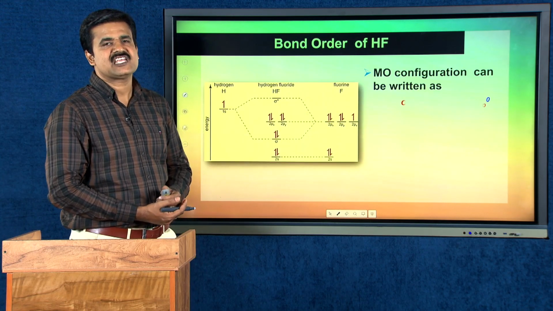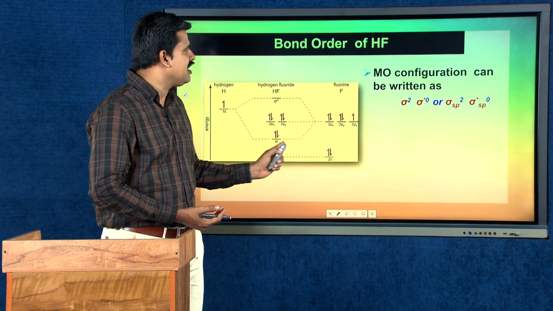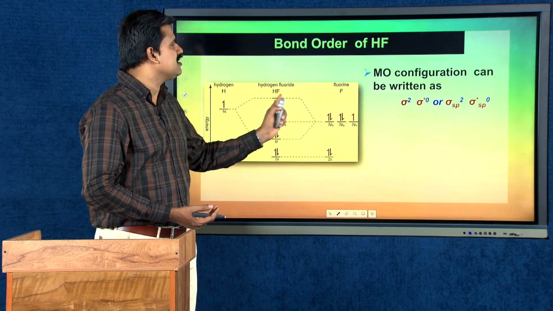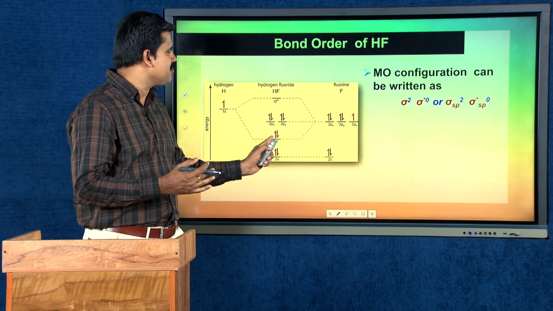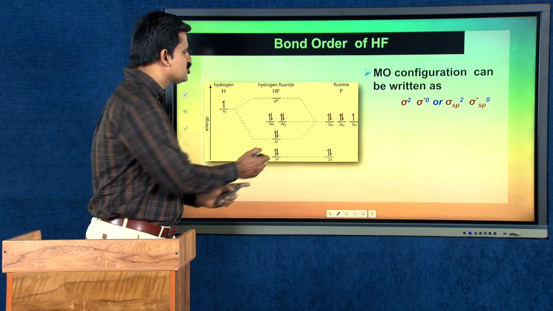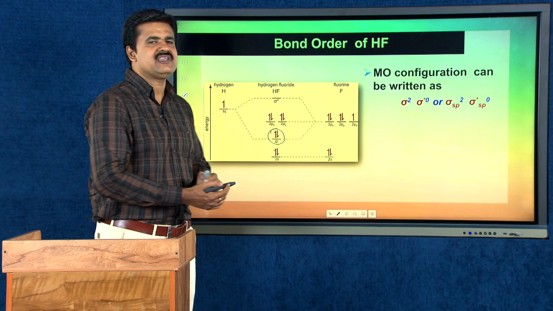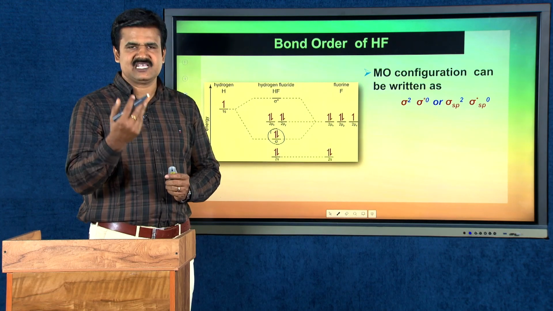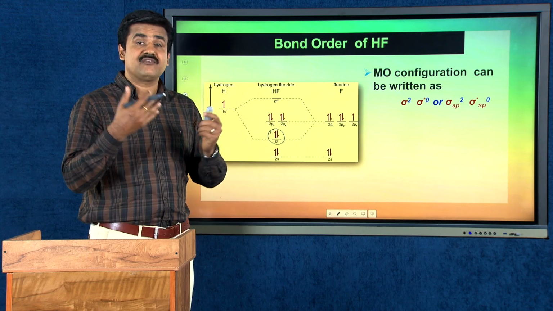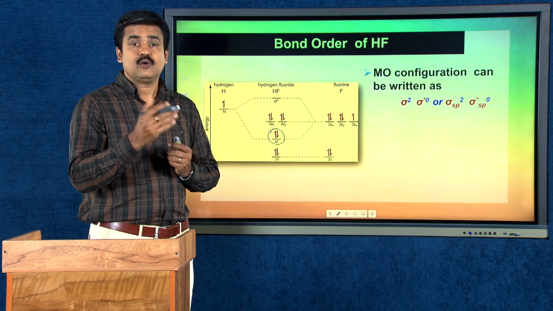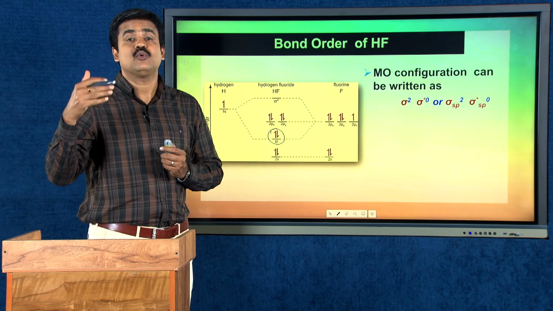The MO configuration can be written as sigma 2 and sigma star 0, or otherwise represented as sigma sp 2. Why do we call it sigma sp? Because the bonding molecular orbital is formed by the overlapping of the s orbital of hydrogen and the p orbital of fluorine.